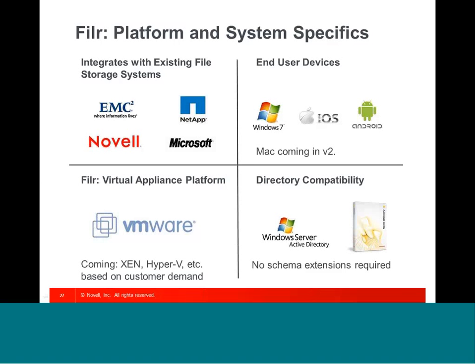And the directory compatibility will work with eDirectory or Active Directory, so no schema extensions required. And if you're a business that has both Active Directory and eDirectory in the environment, this makes it very easy to work seamlessly with both environments.